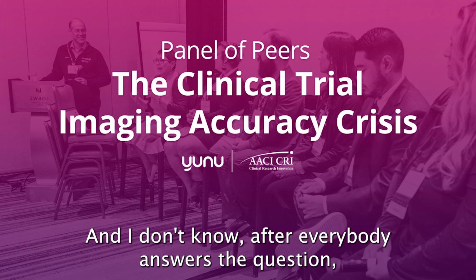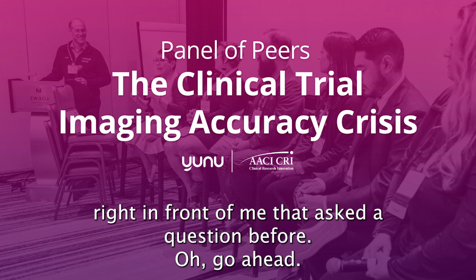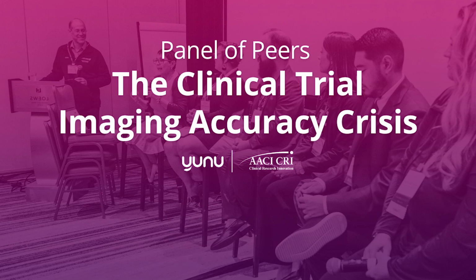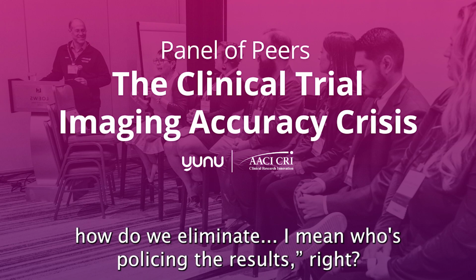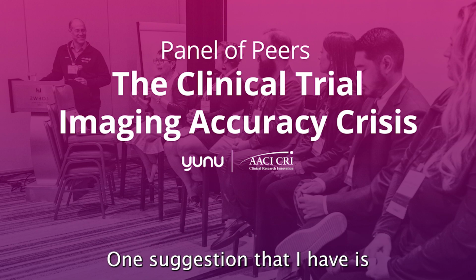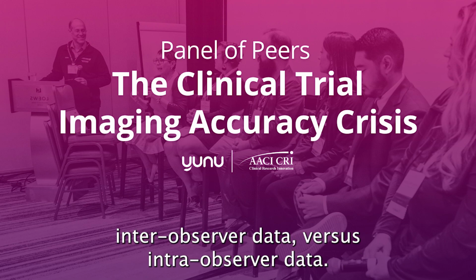And after everybody answers the question, I wanted to add something for this nice lady right in front of me that asked a question before. Go ahead. Well, I got to hear all of you saying, okay, how do we eliminate errors, who's policing the results? One suggestion that I have is to see if your department can implement a system of inter-observer versus intra-observer data.